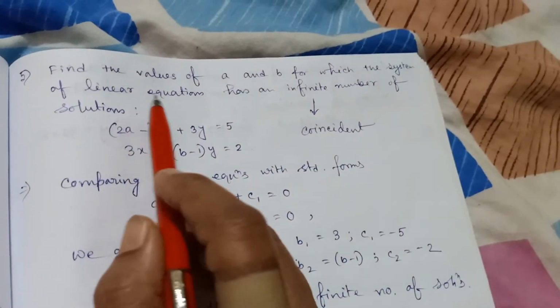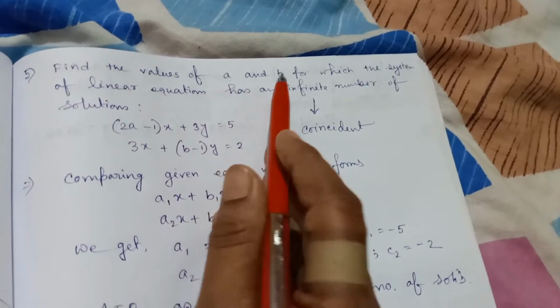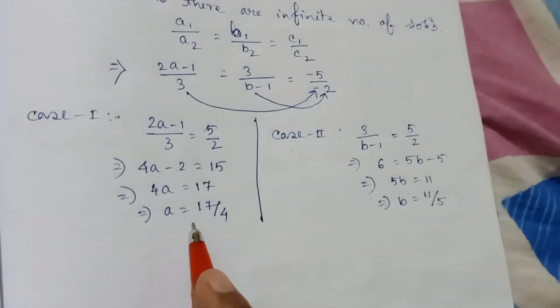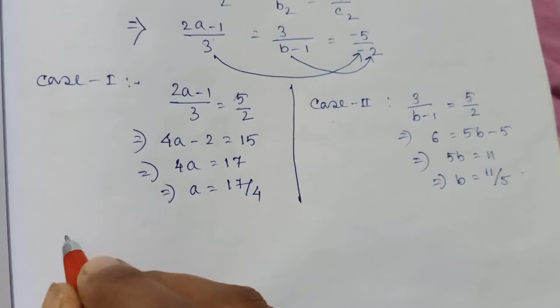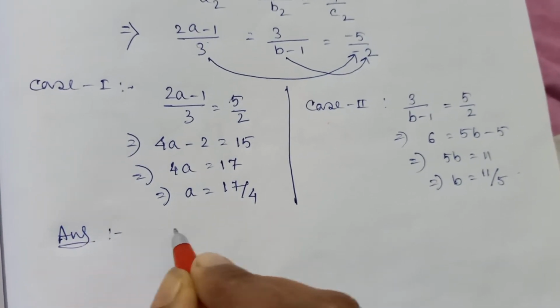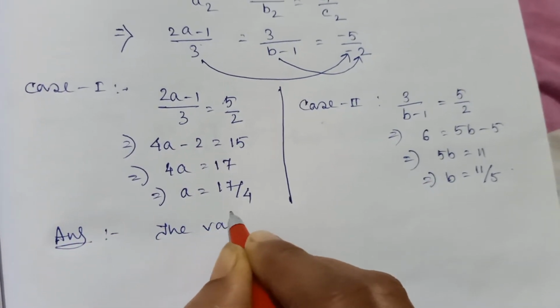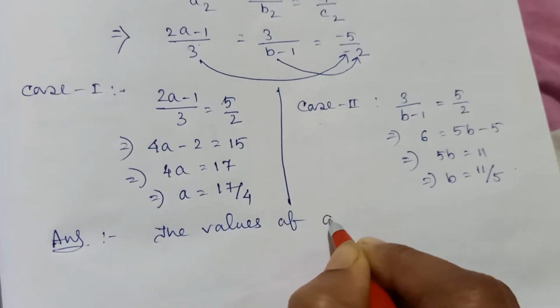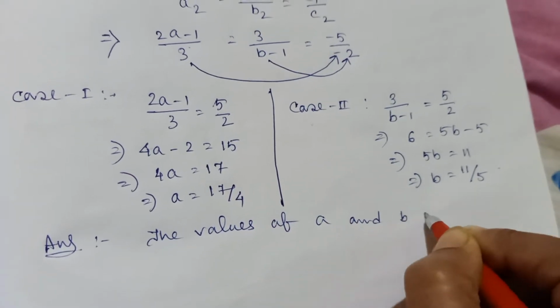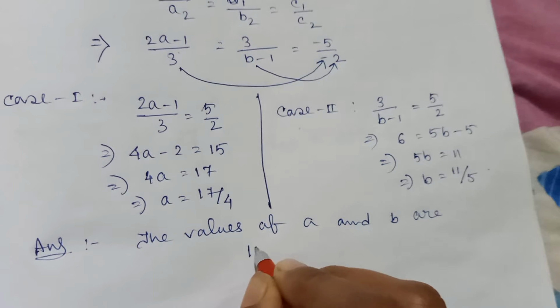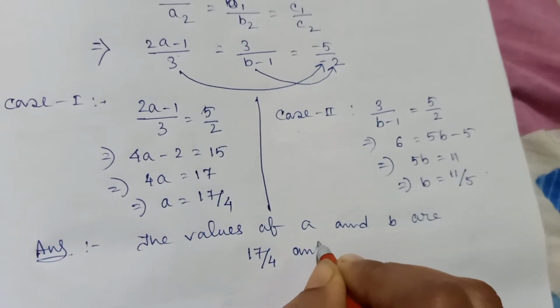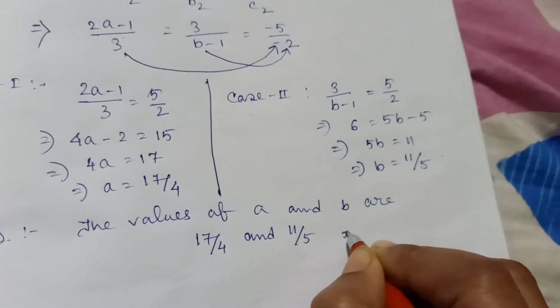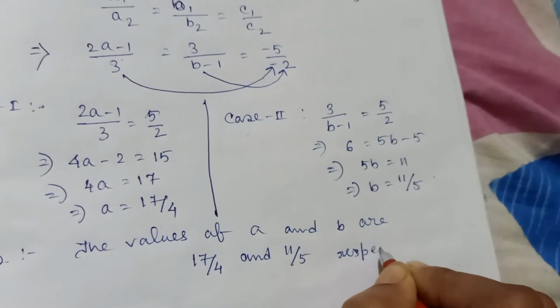Our question was to find the values of a and b, and we have got them. So our answer line will be: the values of a and b are 17 by 4 and 11 by 5 respectively.